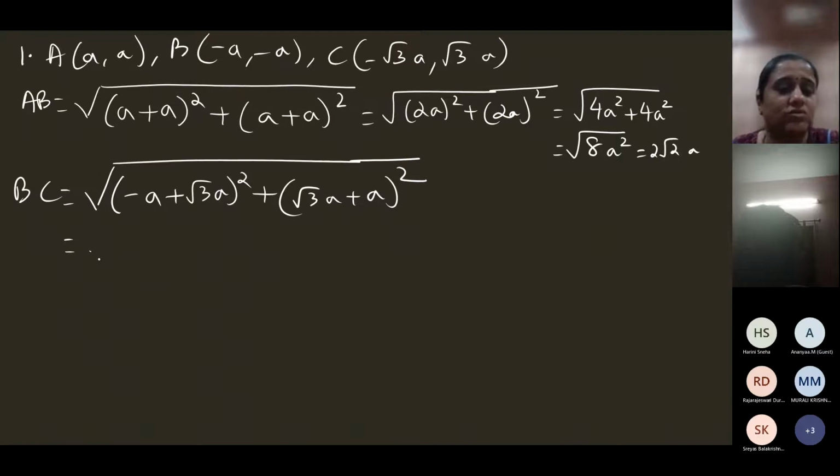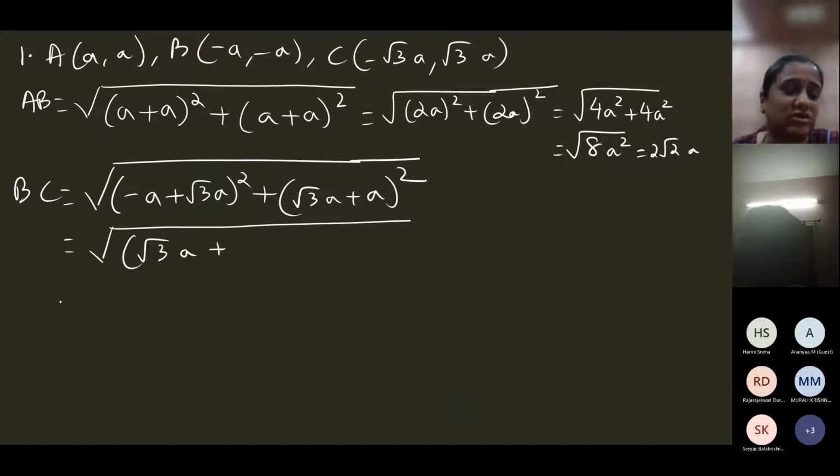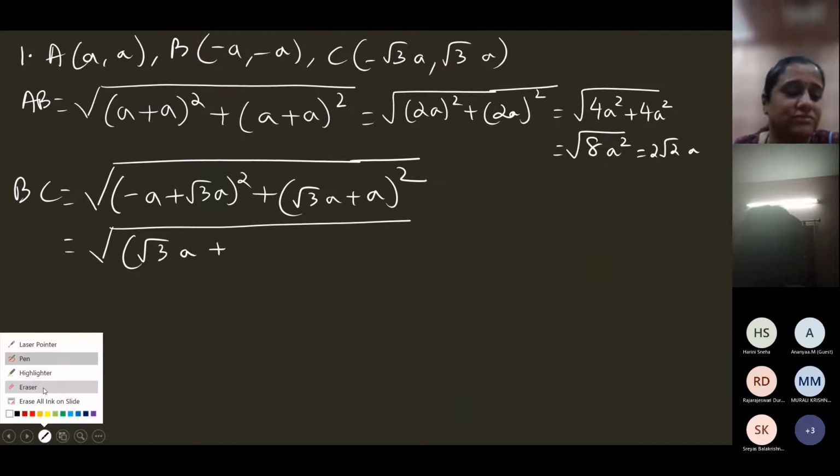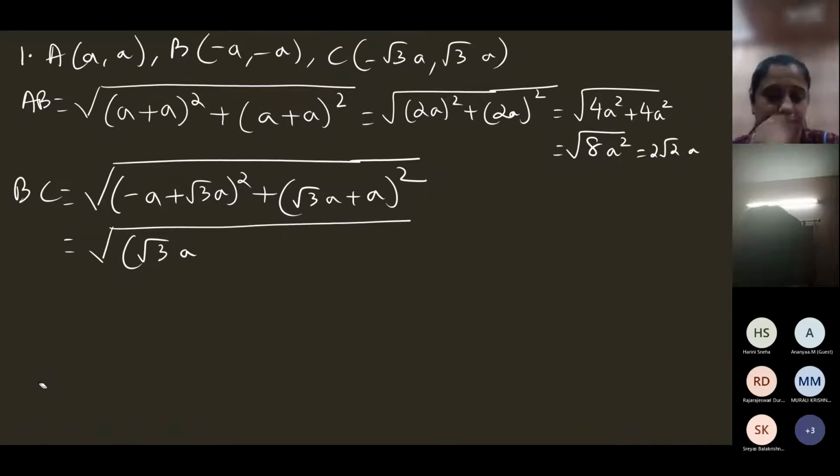So this is equal to square root of root 3A minus A the whole square plus root 3A plus A the whole square.